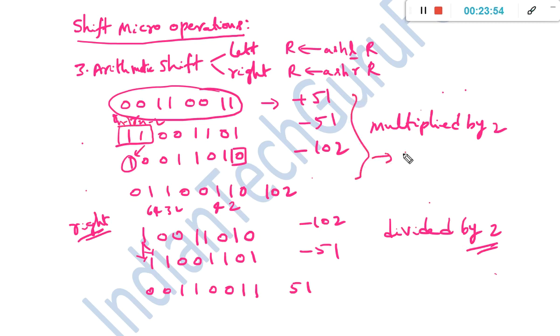Otherwise it is going to generate an overflow condition, because 7 bits could not accommodate so much value, it shall accommodate only up to 128 value. Okay, so like this we are going to perform the shift micro operations.